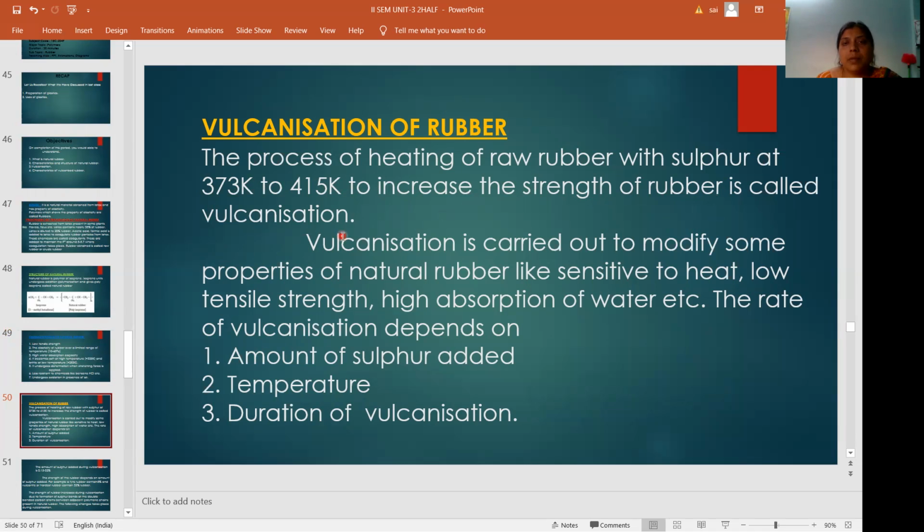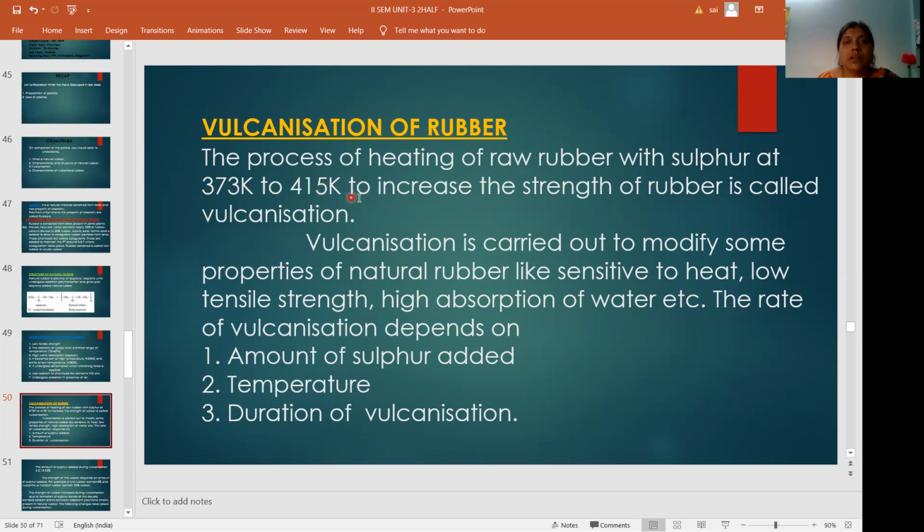Here raw rubber means the rubber you get from the trees, that is natural rubber. To that natural rubber, we are adding chemicals, especially sulfur. Here we are saying sulfur. So sulfur is added and we are heating at a temperature range of 373 Kelvin to 415 Kelvin.